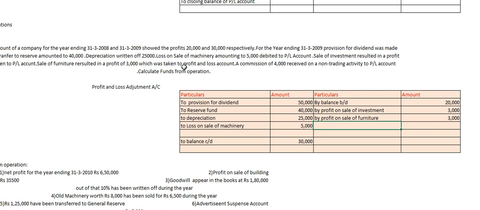Then your next one, a commission of rupees 4,000 received as a non-trading activity. Commission received is an income, so it is a non-trading activity income, so you will credit it by commission on non-trading activity. The amount is 4,000.